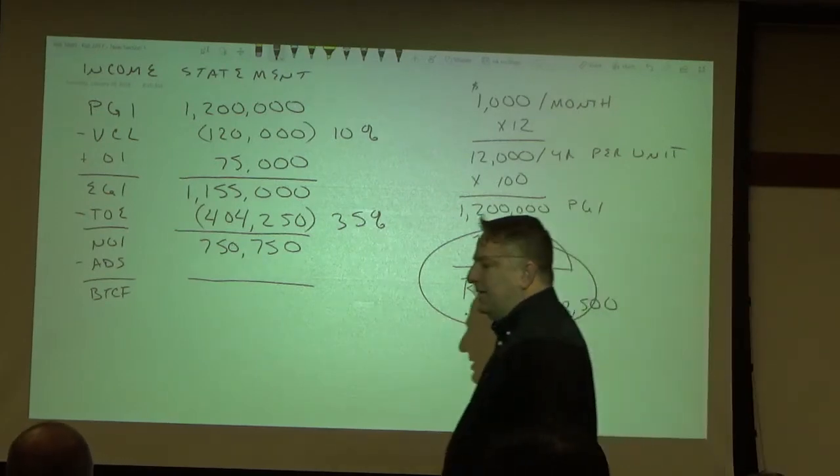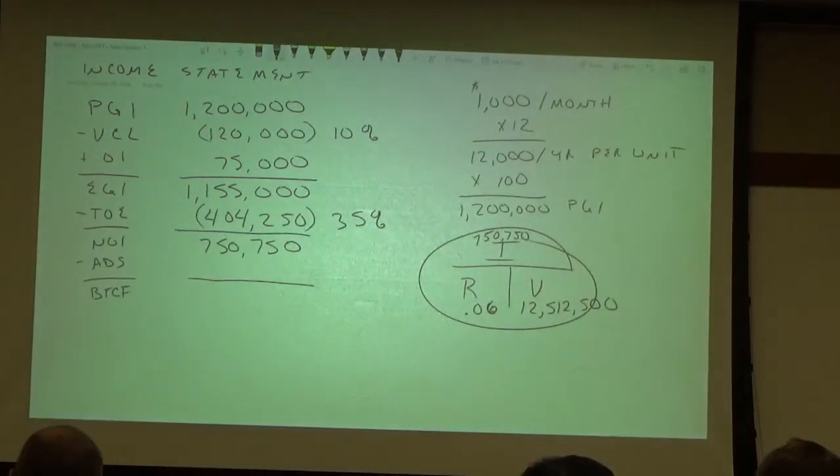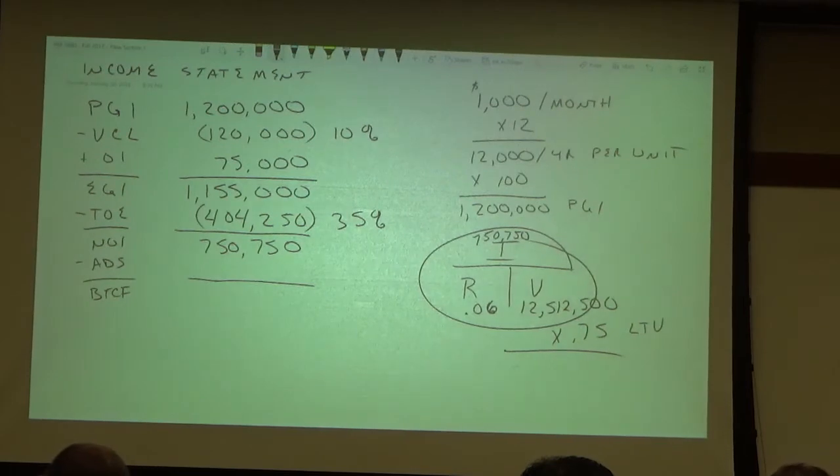Based on what we calculated here, if they're willing to give us a 75% loan-to-value ratio loan, theoretically, that means they're willing to give us a loan for $9,384,375, okay? Loan based on LTV. Does that make sense, conceptually?